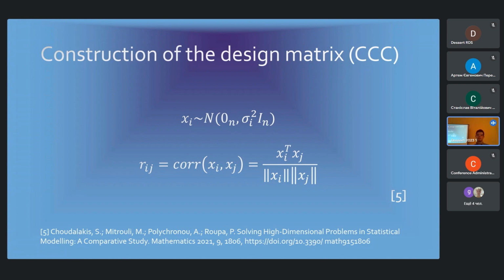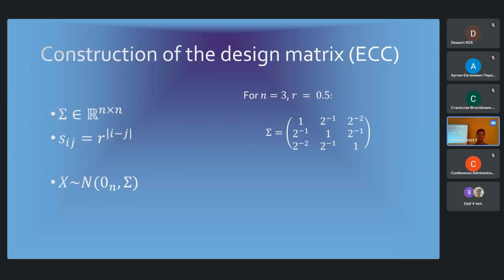Now we use a diagonal matrix as a covariance matrix and calculate the values using the normal distribution. And then we can of course compute the correlation coefficient using this formula on the screen.